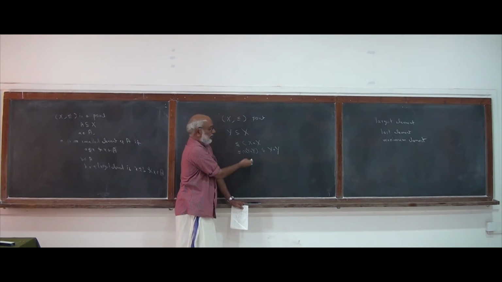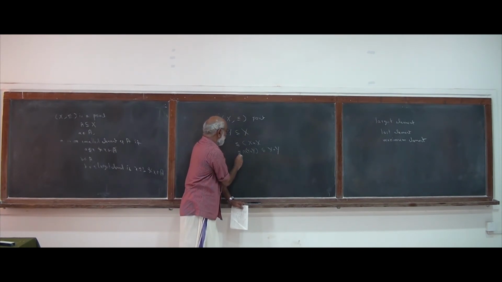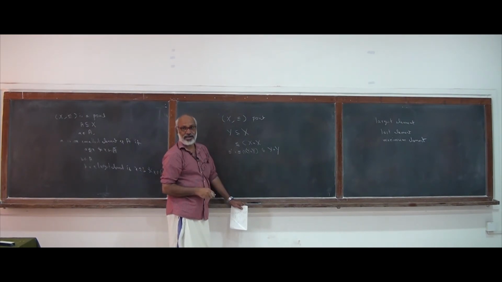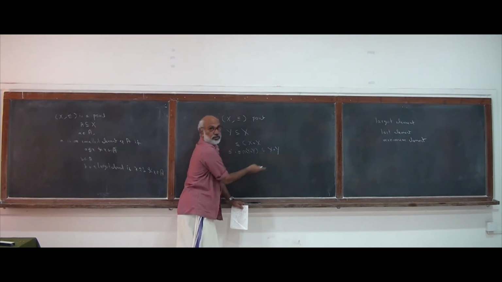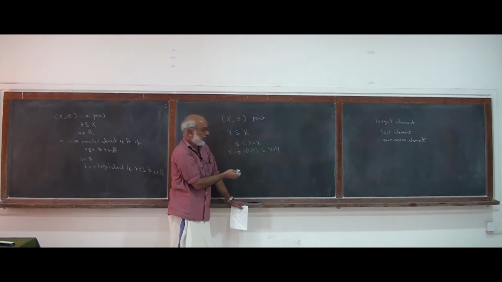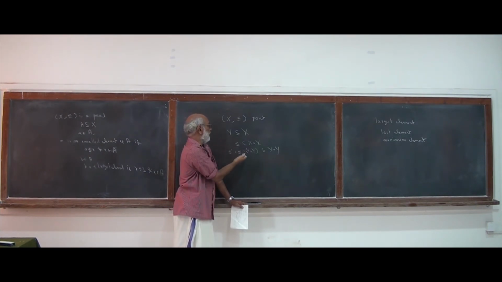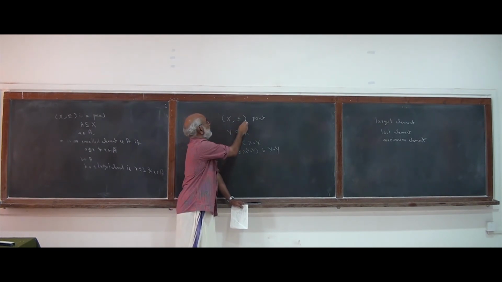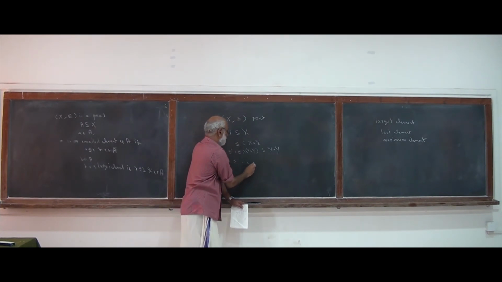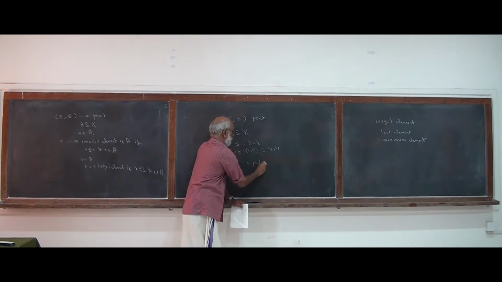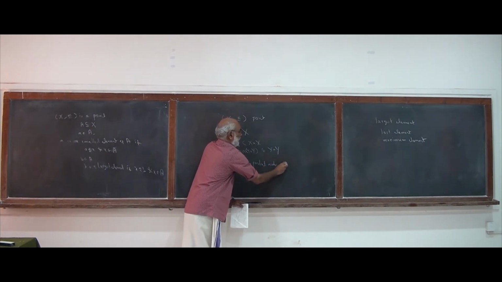This is a subset of Y cross Y, which means it is a relation on Y, and this relation is called the relation induced from the original relation. And since the original relation is a partial order, this relation is also a partial order on Y.